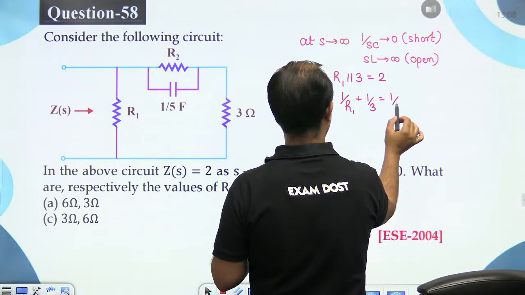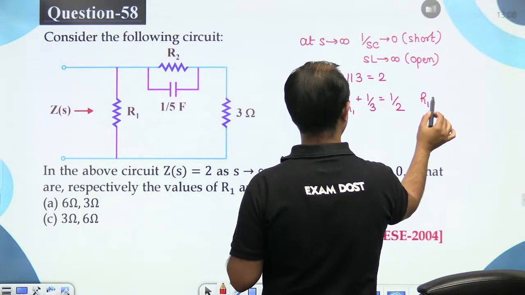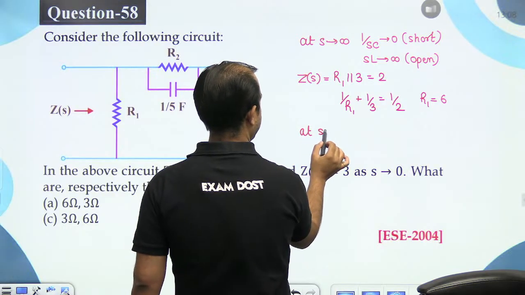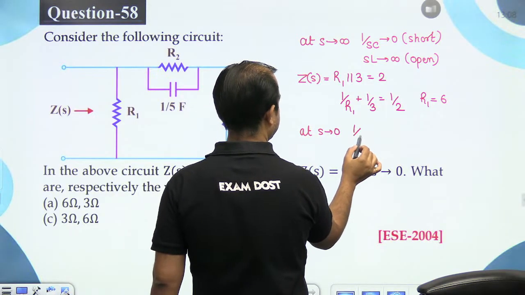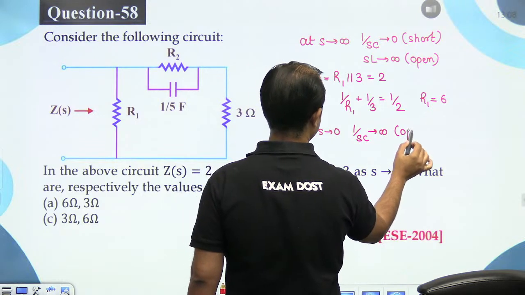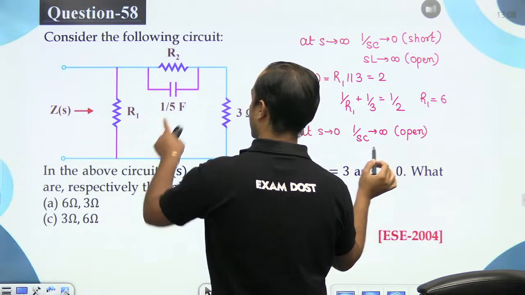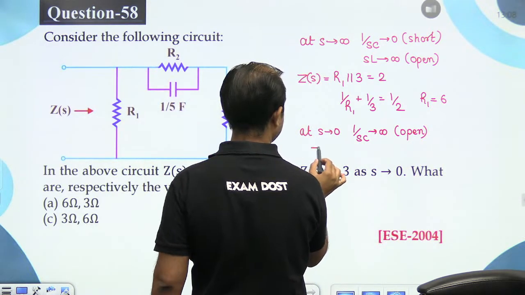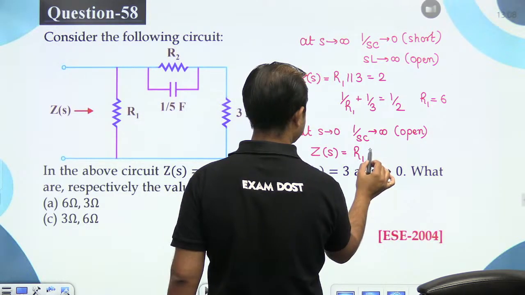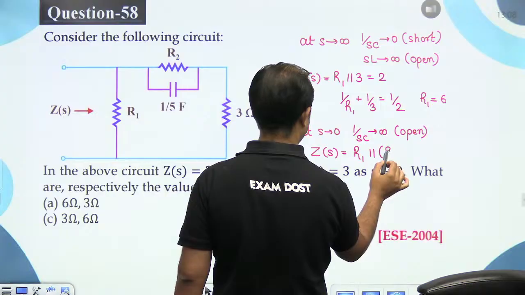This is the rule of parallel combination, so R1 is 6. So at S tends to 0, 1/SC tends to infinity, open. So if this is open, R1 plus, sorry, parallel, R2 plus 3.